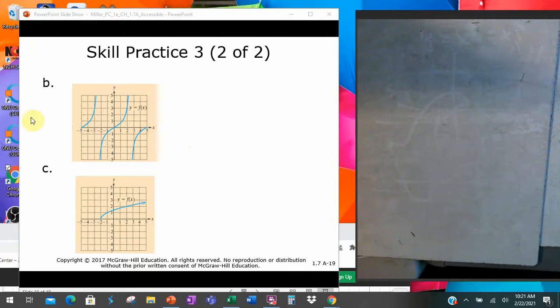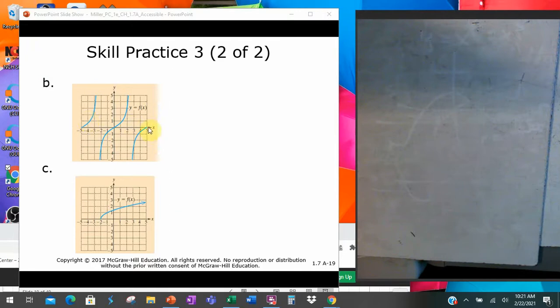So this one has got pieces here, 3 different pieces. Again, we'll look at something like this later on. This is a rational function with some vertical asymptotes here, and then the horizontal asymptote going to 0. We'll see all of that later on.